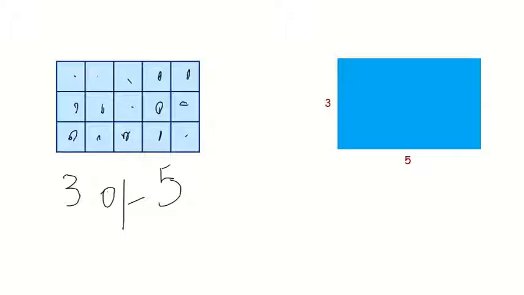This rectangle has two sides of length 3 units and 5 units, making this a 16 unit shape. Because 3 plus 3 plus 5 plus 5 equals 16 units.